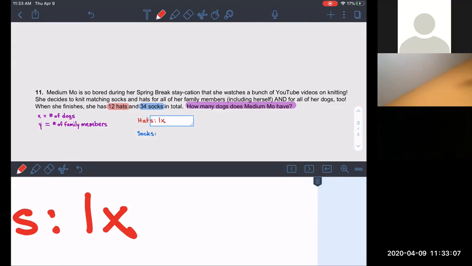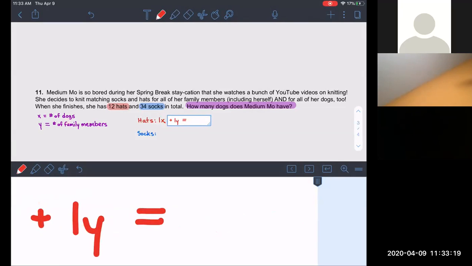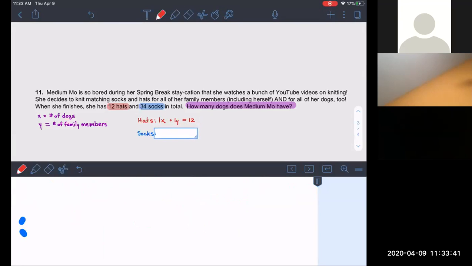One. So it's going to be 1x plus 1y, and then that total should equal what? This is the total number of hats she's making. 12, right? So 1x plus 1y equals 12, because every dog needs 1 hat since they only have 1 head, and every person only needs 1 hat. So if she made 12 in total, then the number of dogs plus the number of family members should be 12.